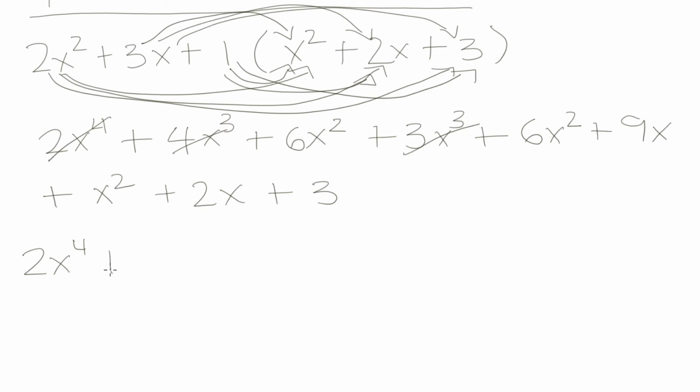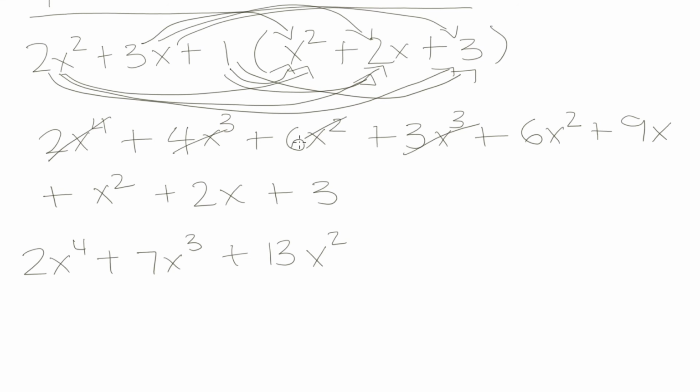So we have plus 7x cubed. Now we have 6x squared, another 6x squared, and an x squared. So 6 plus 6 is 12, plus 1 is 13. So we have 13x squared.